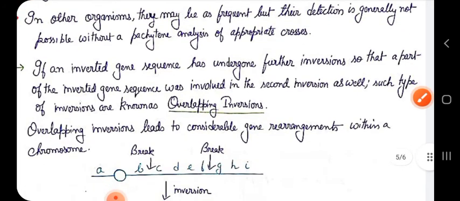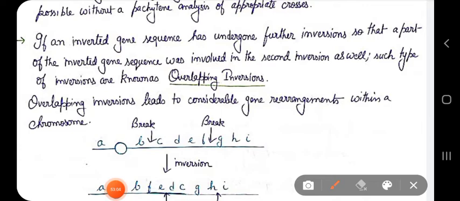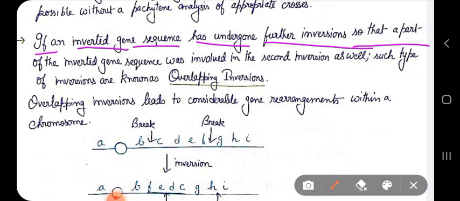Now another important thing that has been observed in natural populations: suppose an inverted gene sequence within the chromosome has undergone further inversion, so that a part of the inverted gene sequence was involved in the second inversion as well.